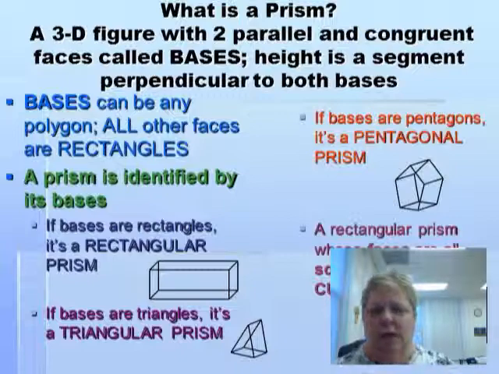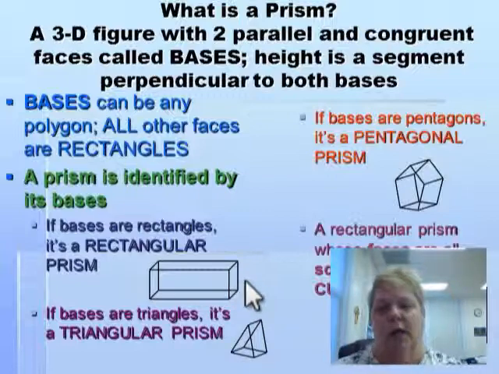As you can see from the drawings on the slide, this is very similar to the one I just showed you. It would be okay to call this a square prism. It's also, since squares are rectangles, okay to call it a rectangular prism. The first shape that I showed you was a triangular prism.